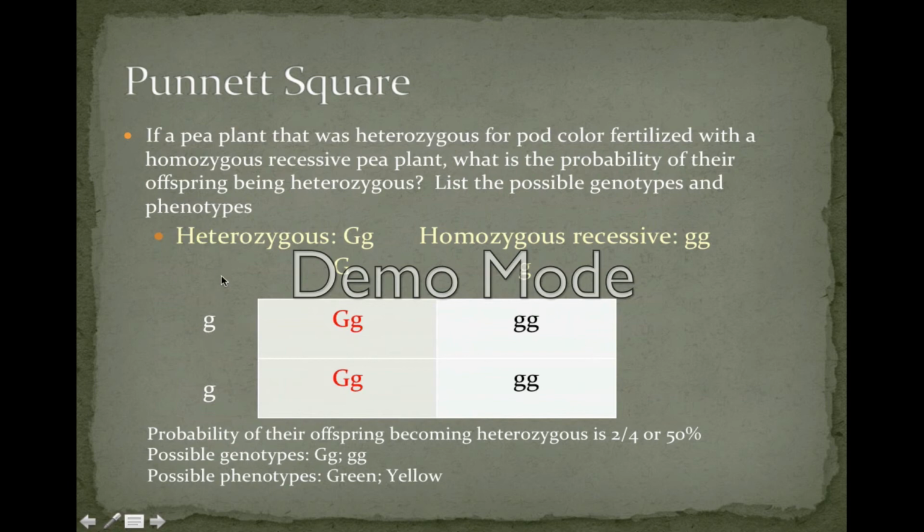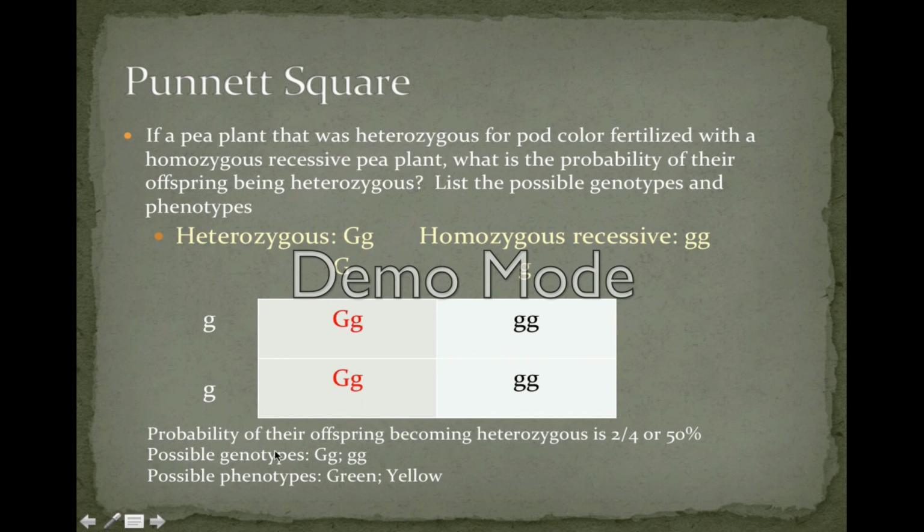So we got this G crosses with this g, makes this Gg. This G and this g makes this Gg. And this g and this g makes this gg right here. And this g and this g makes this gg. So the question was, what is the probability of the offspring being heterozygous? I have it here in red for you guys, right here. The probability of the offspring being heterozygous is 2/4 or 50%, because 2 out of the 4 are heterozygous.